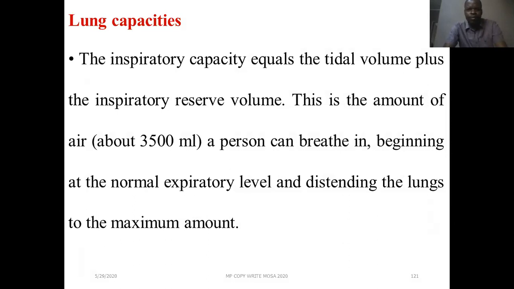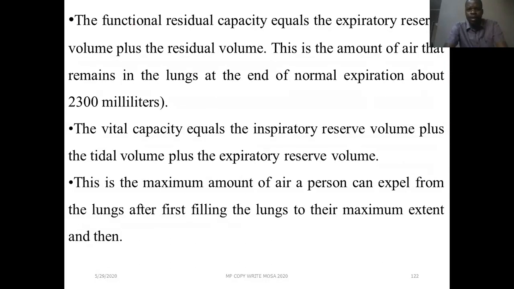This is the volume of air, about 3,500 mL, a person can breathe in, beginning at the normal respiratory level and distending the lungs to the maximum amount. So the maximum amount of air a person can breathe in is about 3,500 mL, and this is the capacity of the lung.